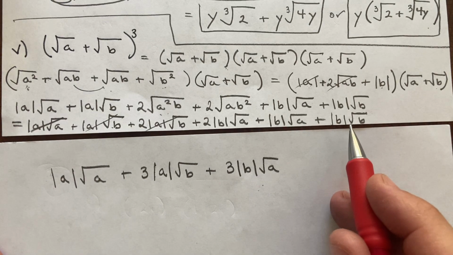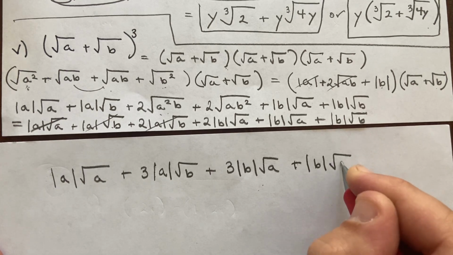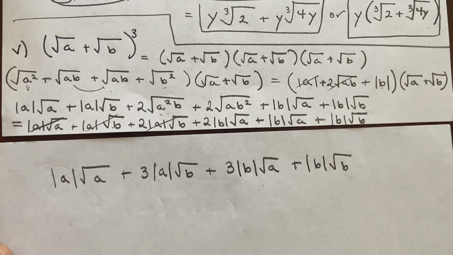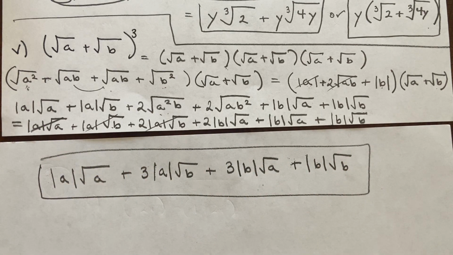And then I only have 1 of this type. So plus absolute value b root b. Just looking at, okay, I believe that's it. Okay, so on to number 5.